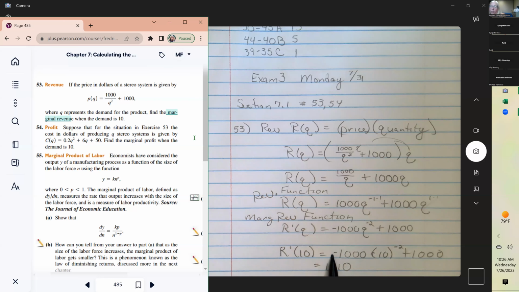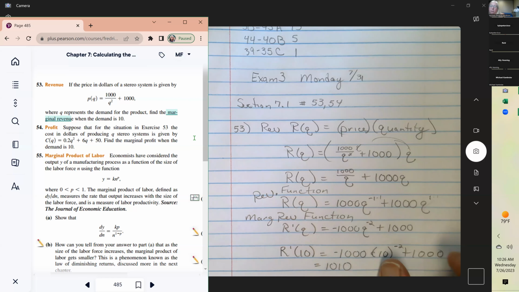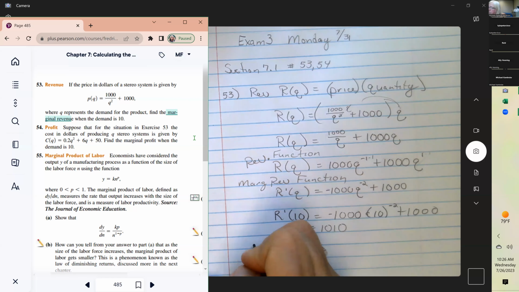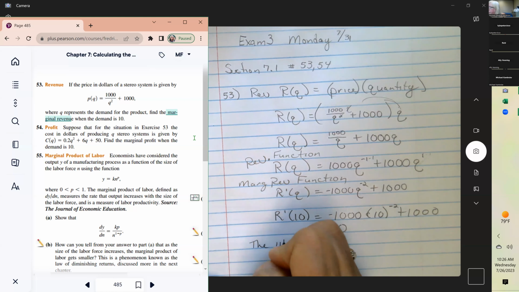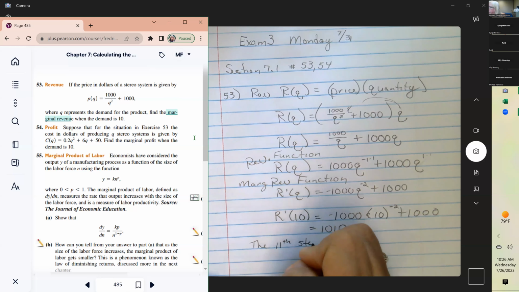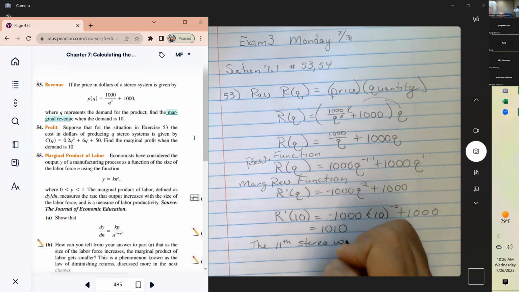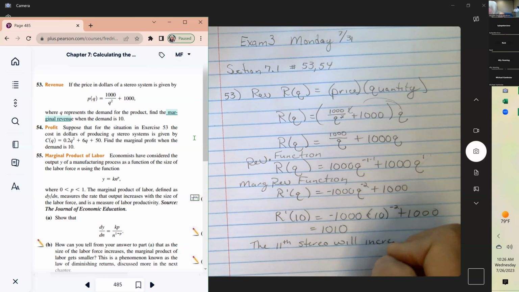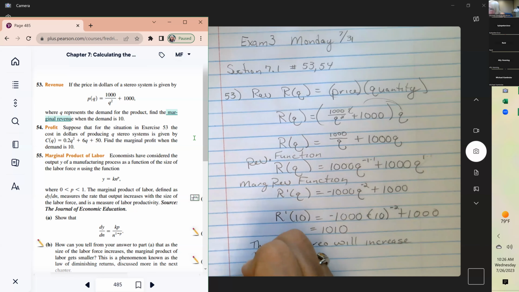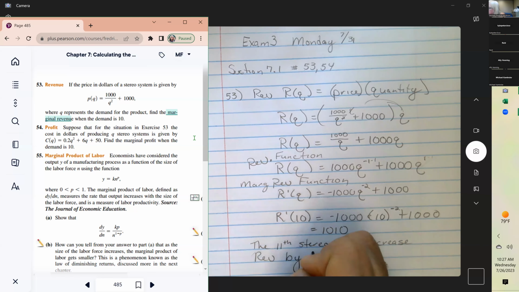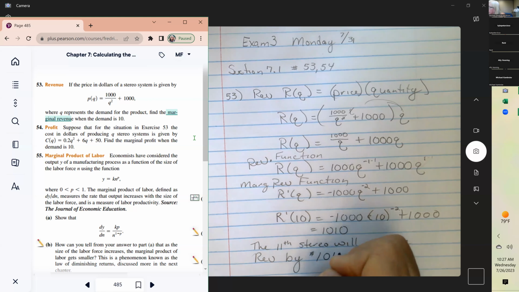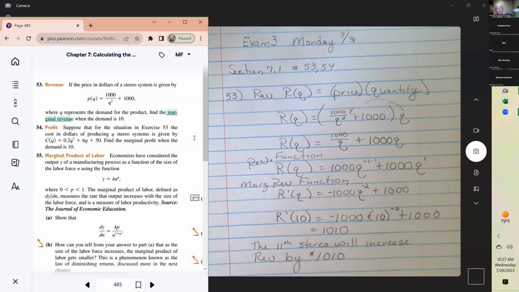The 11th one will bring us a revenue of $1,010. And in the next chapter, we talk more about that. Any questions on it?